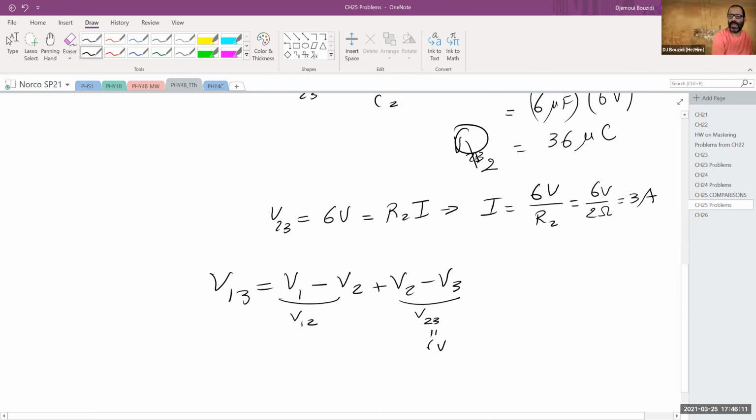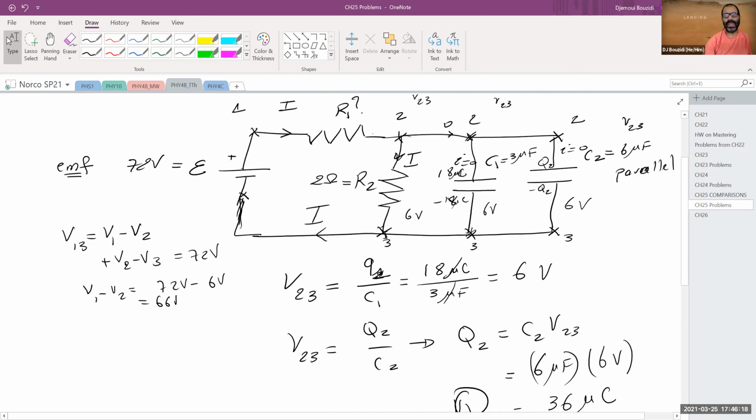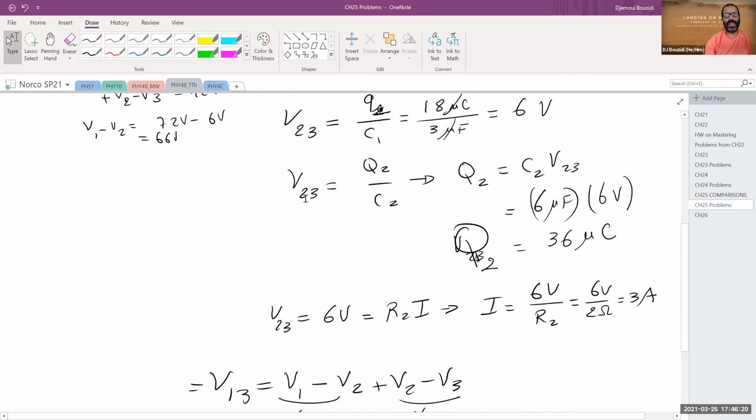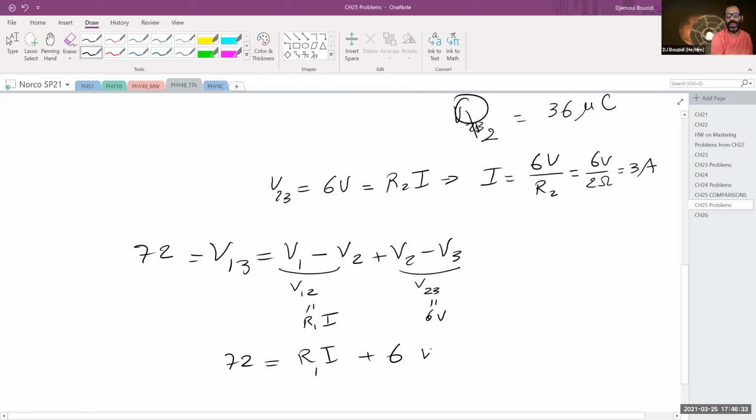This I calculated to be 6 volts. This I know from this side to be 72 volts because this is the battery. So on one side it's 72 volts, and on the other side it's the sum of the other two. So this one is actually R1 times I. So what I have in here is 72 equals R1 times I plus 6 volts.